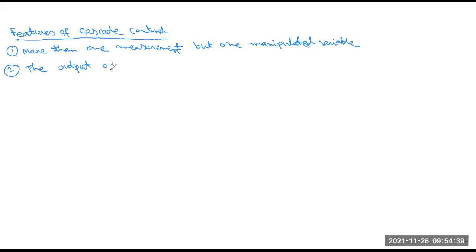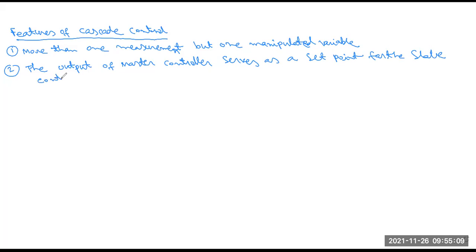So the output of the master controller serves as a set point for the other controller part, that means the slave controller part. This is another feature.